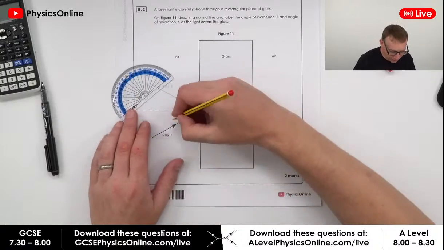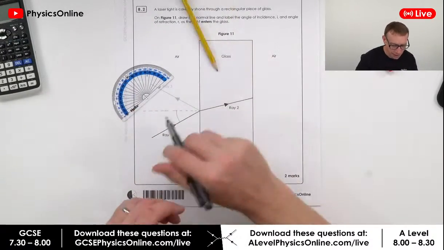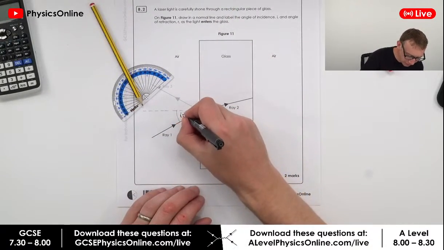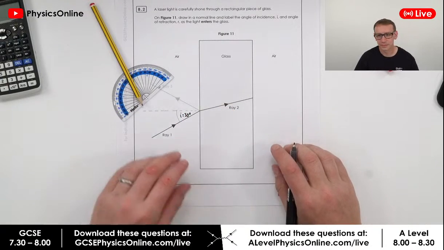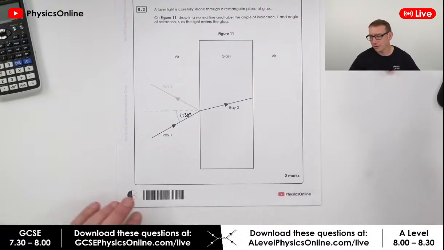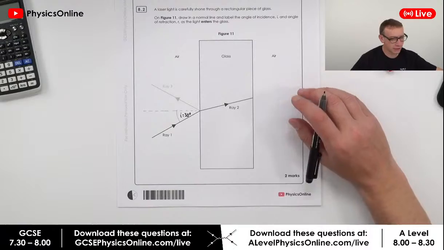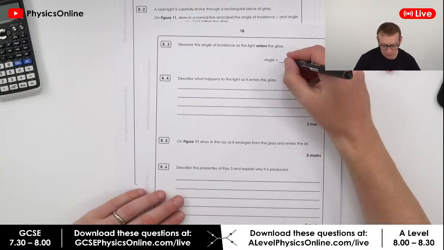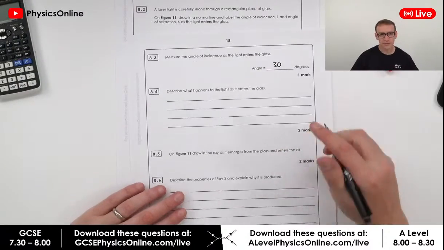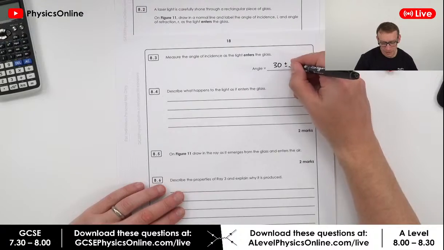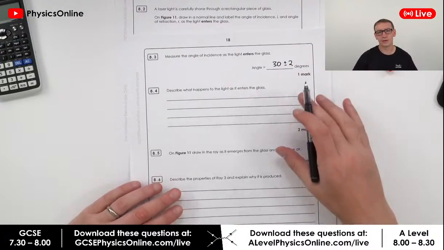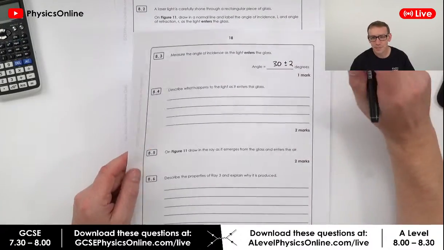And therefore, I think that this angle here, the angle of incidence, I, is equal to 30 degrees. Okay, so basically for the next answer, the angle is 30 degrees. And often they'll maybe give you a bit of leniency, maybe plus or minus 2 degrees.